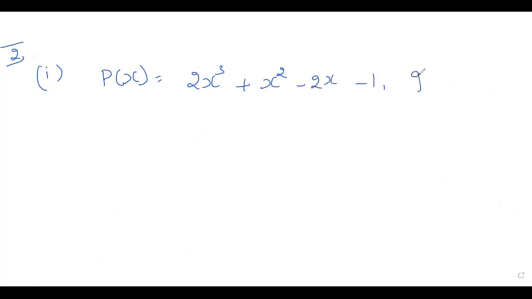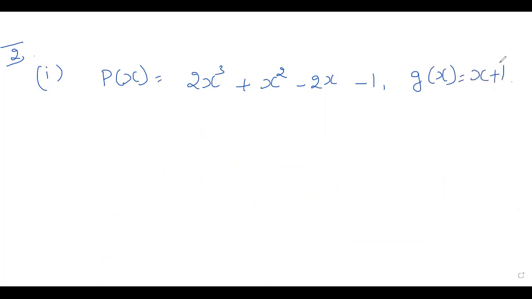Next, second main, children. Use the factor theorem to determine whether g of x is a factor of p of x. In that first one, p of x is equal to 2x cube plus x square minus 2x minus 1, and g of x is x plus 1.